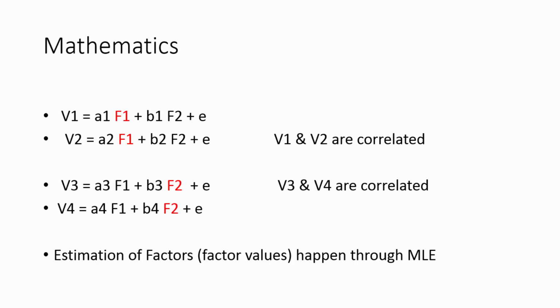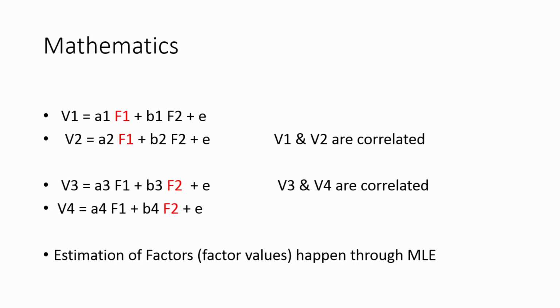Okay, how do we estimate a1, a2, f1, f2, b1, b2? Well, we estimate the values of the factor through the maximum likelihood estimation. To know more about the maximum likelihood estimation, please watch the video on maximum likelihood estimation.